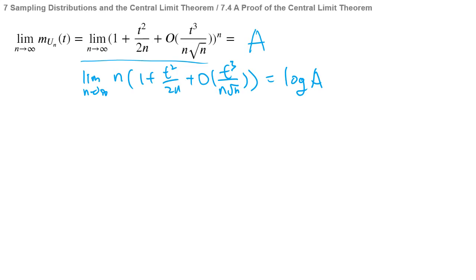And now as n goes to infinity, this n part goes to infinity, and this part is actually the log of this thing.